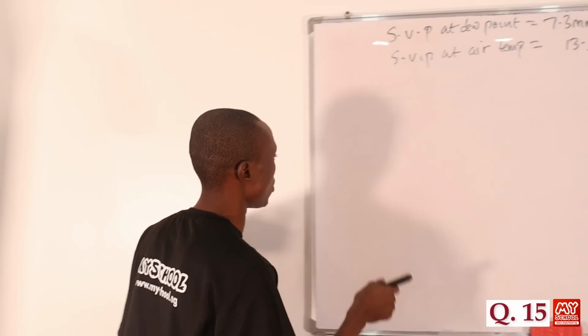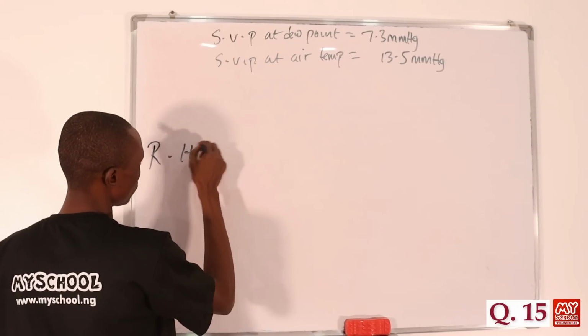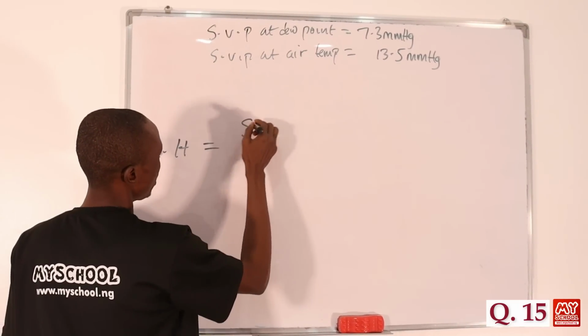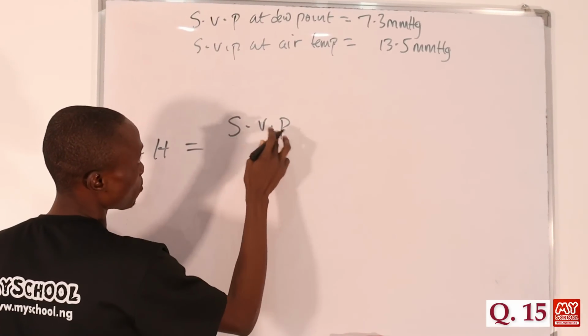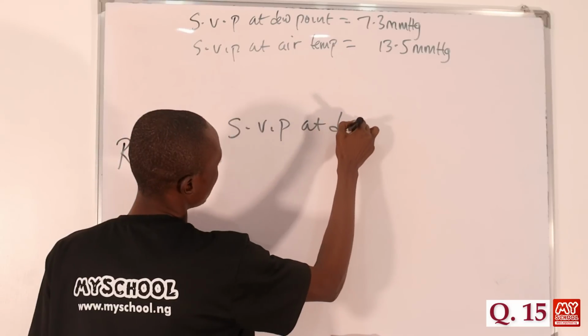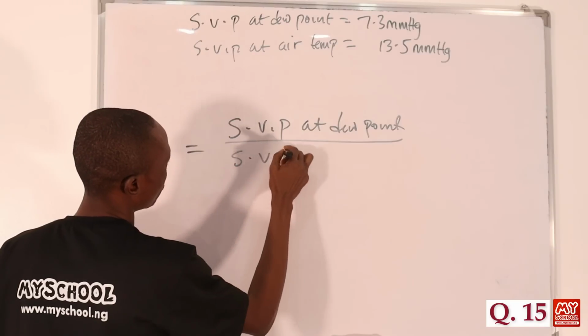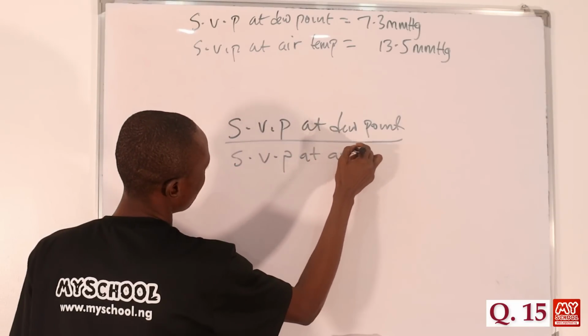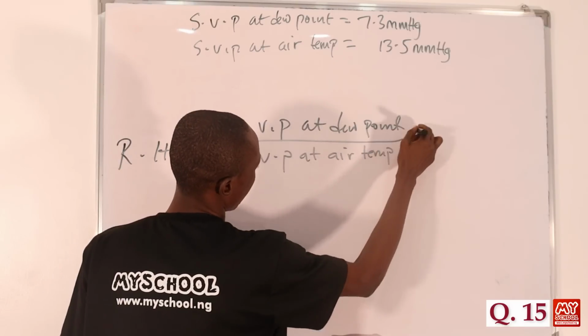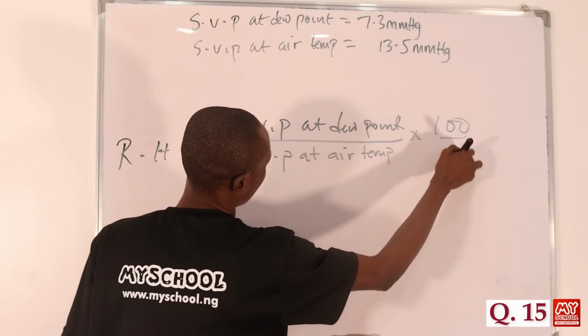Now, since we are looking for relative humidity, which in this case will be equals to SVP, which is saturated vapor pressure at dew point, all over saturated vapor pressure at air temperature, times 100 over 1.